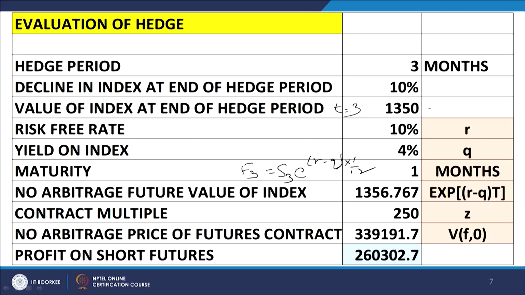The profit works out to this much. Remember, we are short. So, there is a decline in prices, we have made a profit. So, the profit is 1530 minus this expression into 250 into 10 and that works out to 260302. So, this is as far as the futures are concerned. You have made a profit on the hedge. This is the profit on the short futures, which is the hedge.